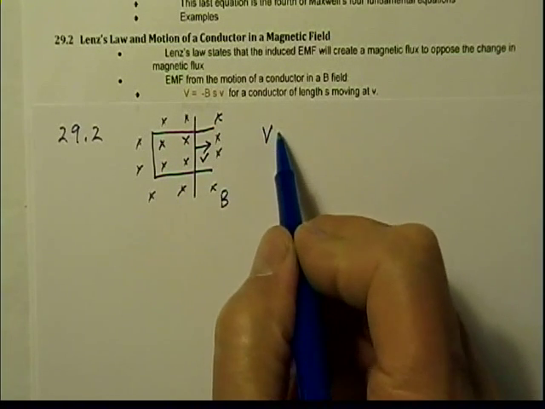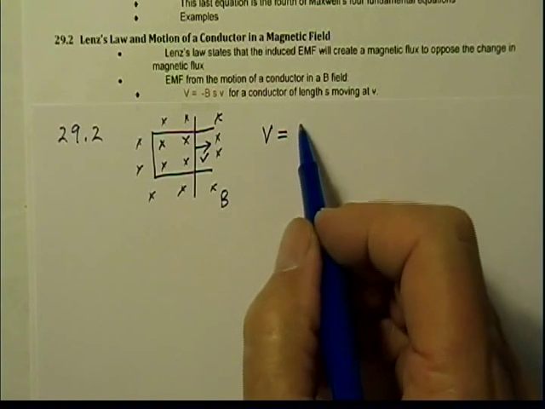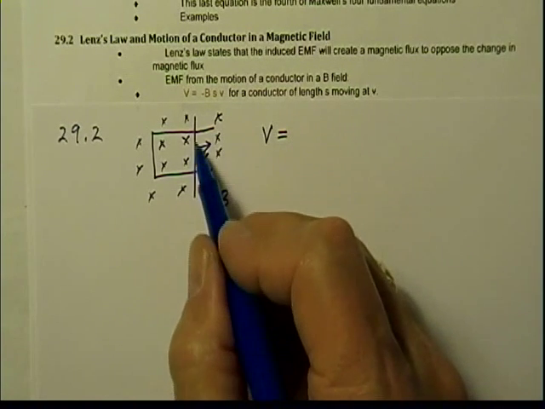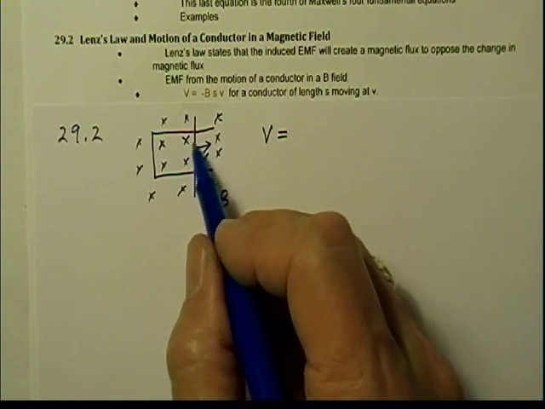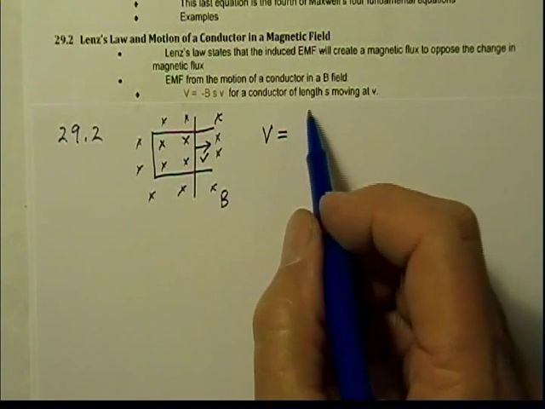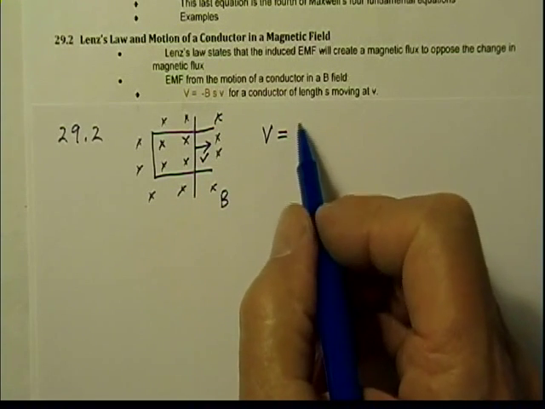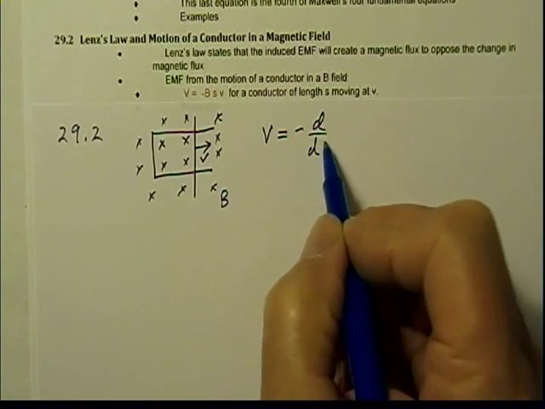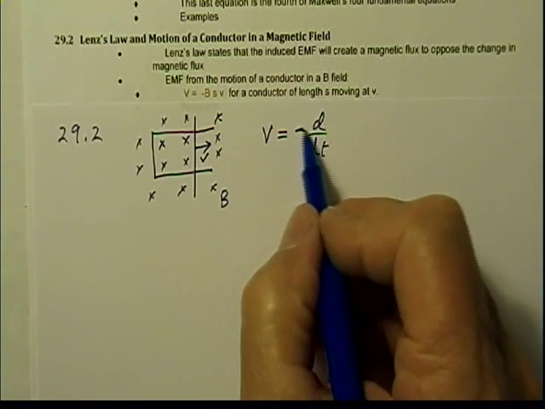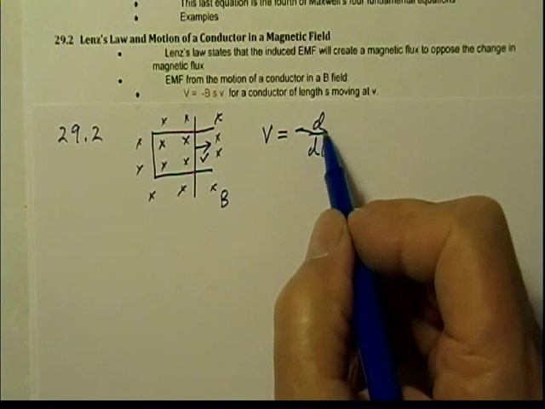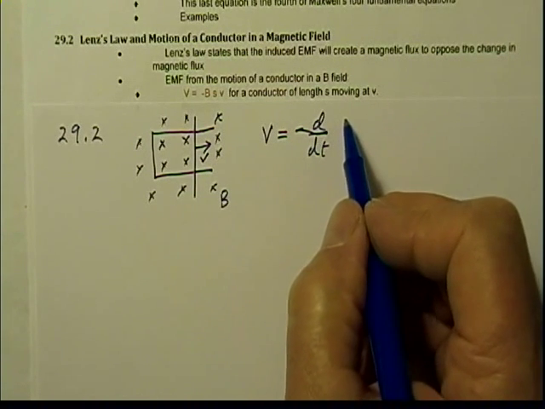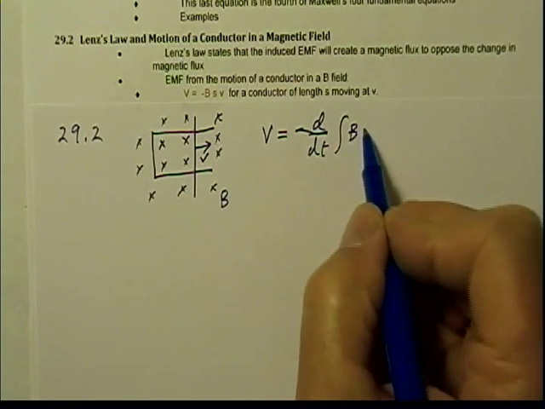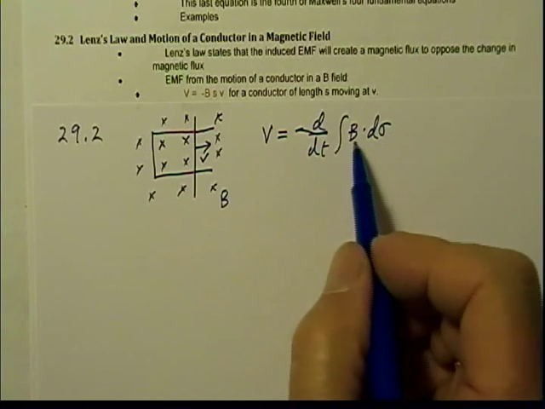Now when I do that, you can see that I change the flux that's contained in this area. And you'll recall from Faraday's law that the voltage generated around this loop is going to be equal to the negative of the derivative. Of course, that's just from Lenz's law, so we forget that for now. It equals d by dt of the integral of B dot d sigma.